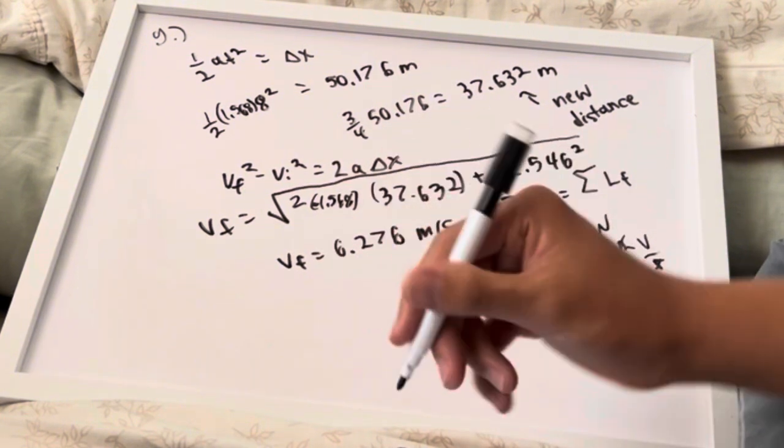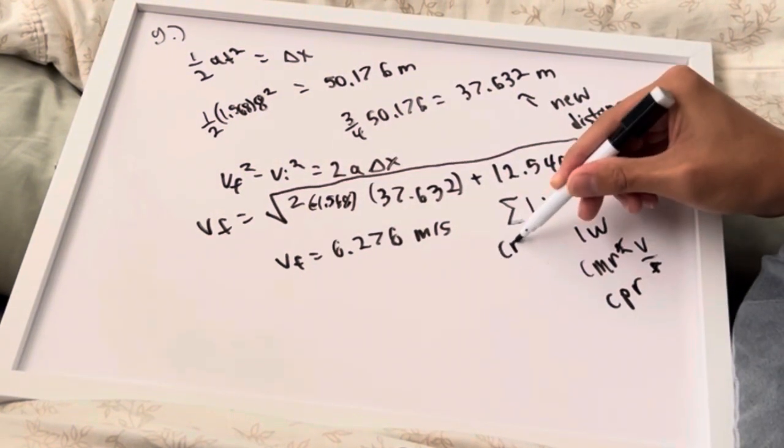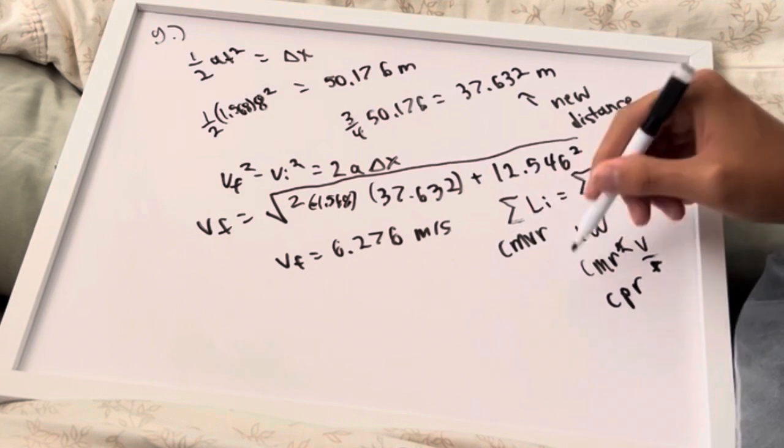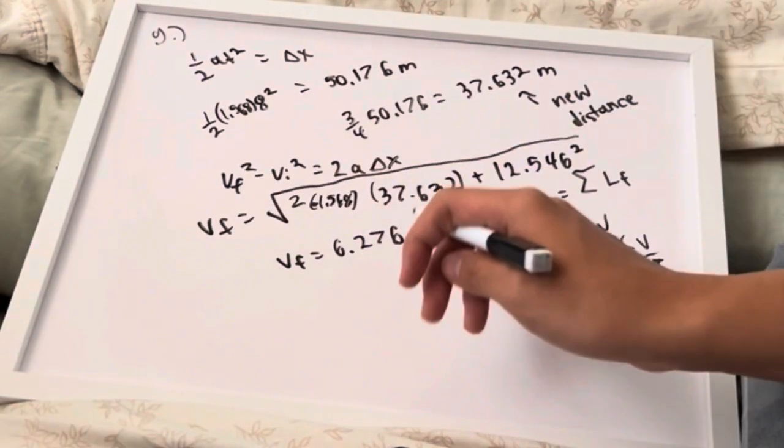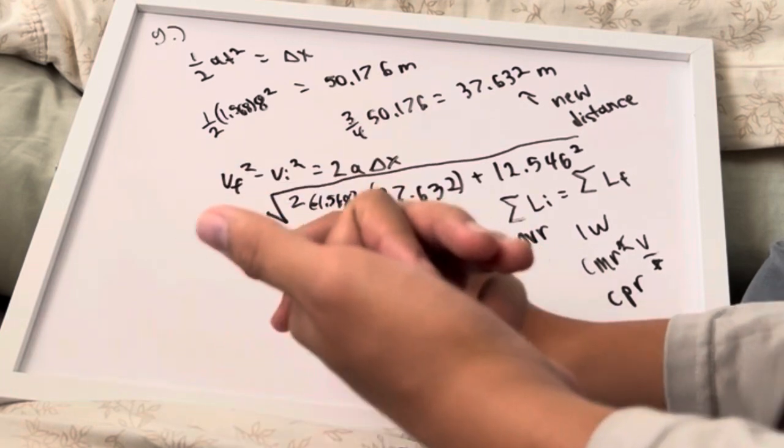So my Li is c m V R of all the objects, but because there's only one object in movement before the collision, I only need to account for the block. I know the block is a point mass, so the coefficient of inertia is going to be 1.